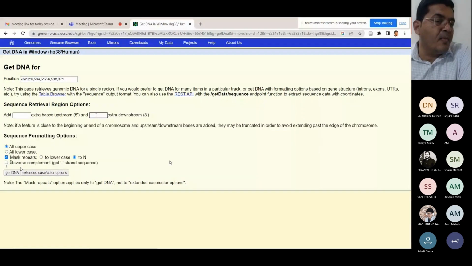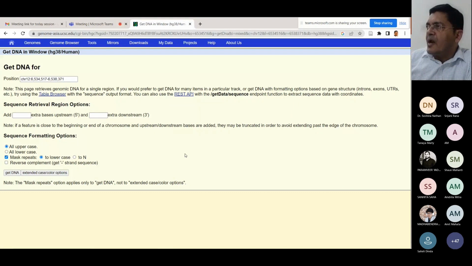We don't really need to mask repeats here, but if at all you want to, you can do it to lowercase because we want the ortholog, so the sequence has to be visible. Only then it will be looking for its match in the chimpanzee. If you do a capital N and there are some repeat nucleotides, they would also become capital N, and then they would be blind to that, right?